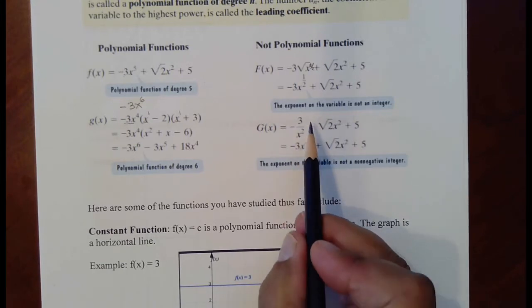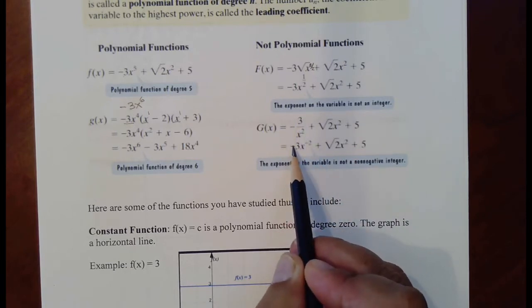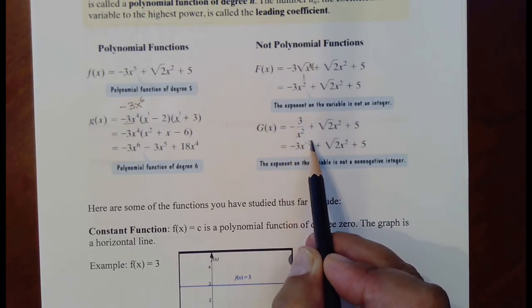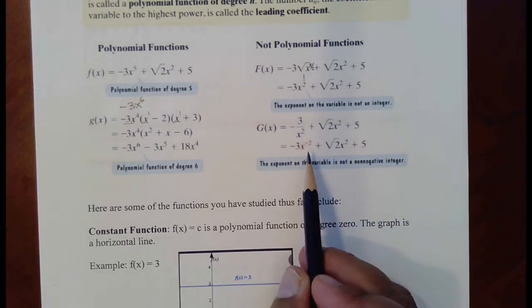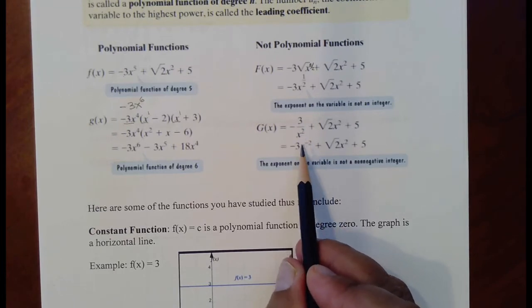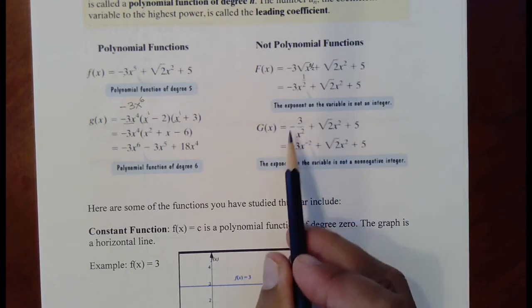So this is the same thing as -3 times x to a power of -2, again, because that power was in the denominator. Going back to the definition of polynomial functions, you cannot have any kind of powers that are negative. They need to be non-negative, and therefore this is not a polynomial.